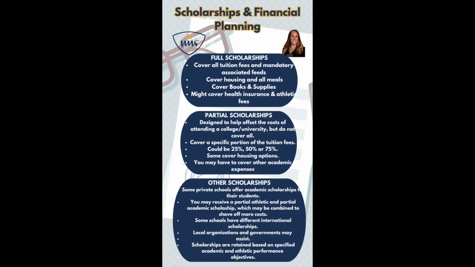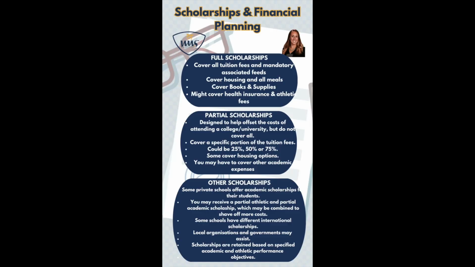Typically, full scholarships also cover room and board, so your housing where you're living and your meals. They will also sometimes cover books and supplies, and they might cover other additional costs like health insurance, athletic fees, if there are any athletic fees, or specific program fees that are associated with your major.